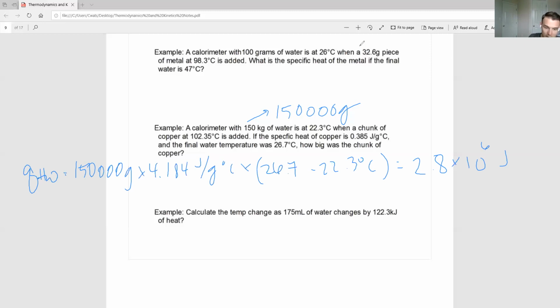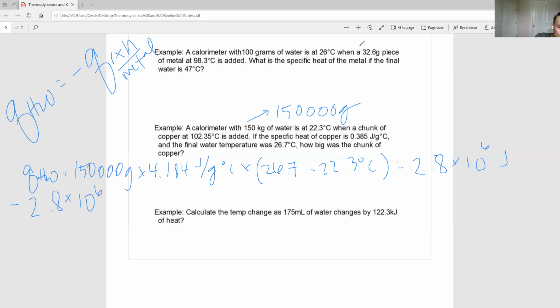So then if I want to do the metal, remember, whatever the water does, the thing inside the water, which I'm just going to call the reaction, in this case it is a metal, does the opposite. So negative 2.8 times 10 to the 6th joules is equal to, I do not know the mass. I know the specific heat, 0.385 joules over gram degrees Celsius.